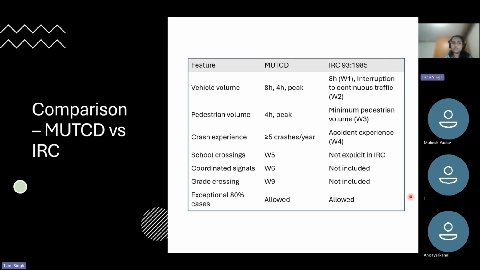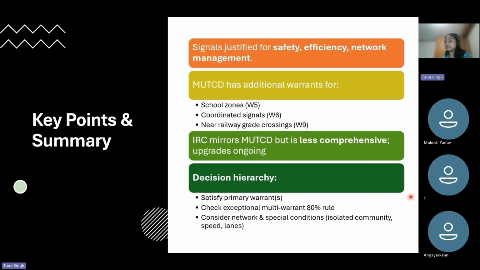So this is all about the warrants used to justify traffic signal control. Summarizing, a signal is justified for safety, efficiency and network management. MUTCD has additional warrants for school zones, coordinated signals and near rail grade crossings, whereas IRC mirrors MUTCD but is less comprehensive, and upgrades are still going on.